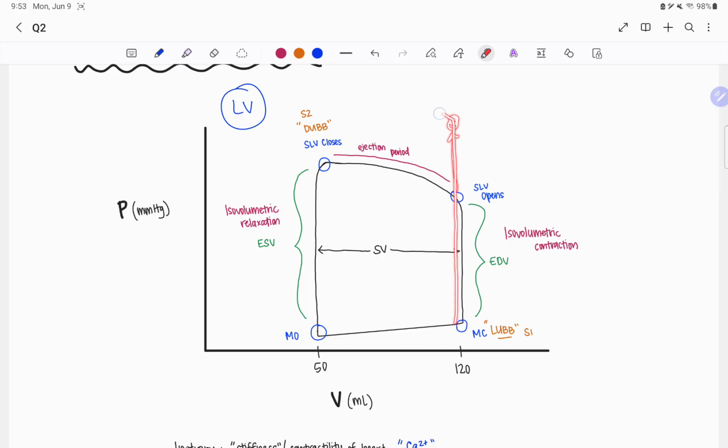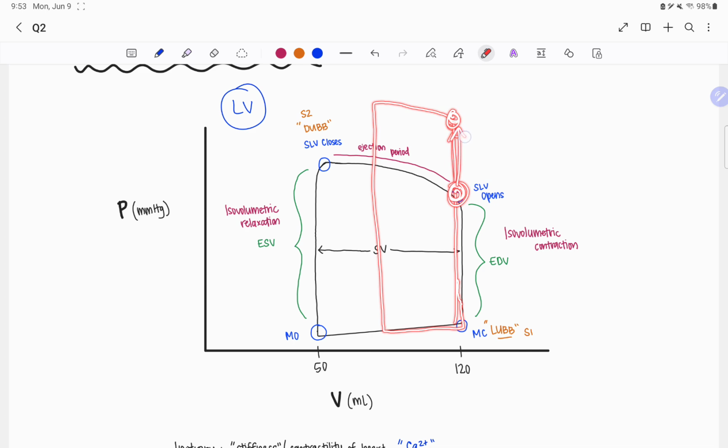So if the heart has to work harder, say we're vasoconstricted, or there's aortic stenosis, which means the aorta isn't as elastic, it's harder to stretch it, then the heart has to work harder to do that.